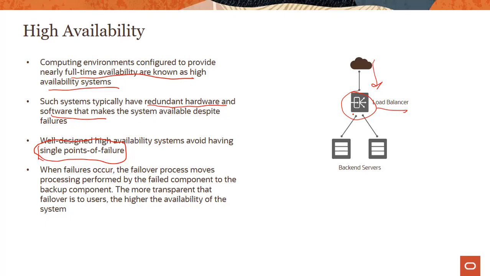The more transparent the failover is to the users, the higher the availability of the system. So in this case, let's say this particular web server goes down, this web server is still running, and your website is still up and running. If you had only one server running here and it had gone down, the website would go down. So this is a very common basic example of taking a system and making it highly available.